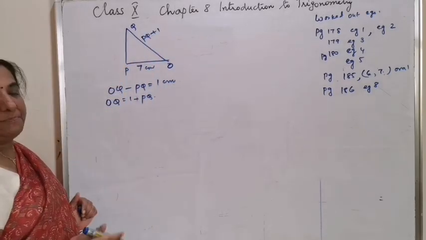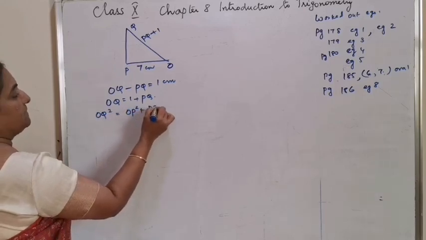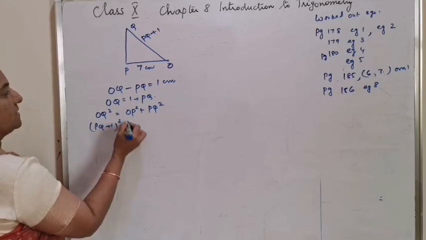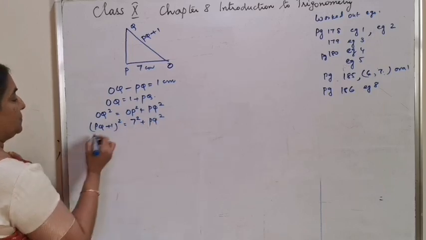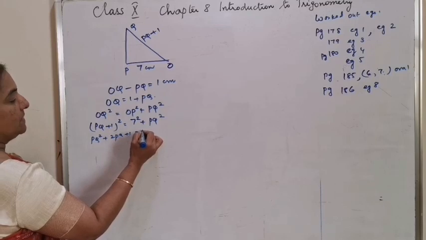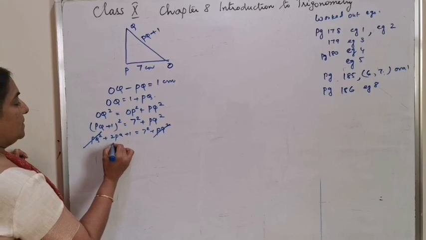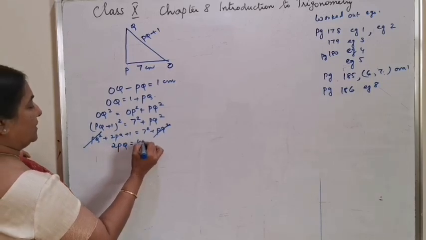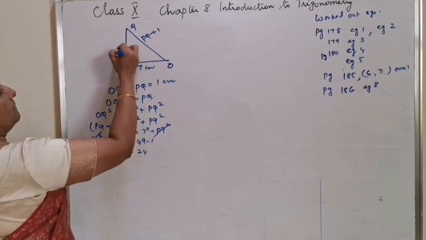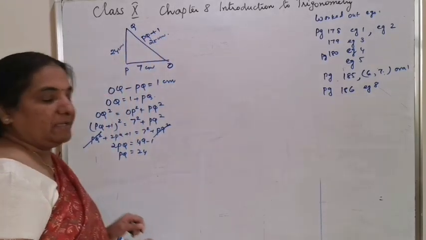Apply Pythagoras theorem. OQ square is equal to OP square plus PQ square. PQ plus 1 the whole square is equal to 7 square plus PQ square. PQ square plus 2PQ plus 1 is equal to 7 square plus PQ square, or 2PQ is equal to 49 minus 1. PQ is equal to 24, and OQ is 25. 24 and 25 centimeter.